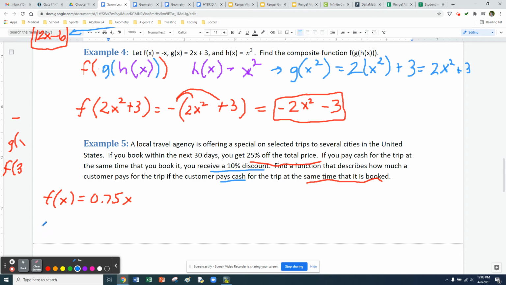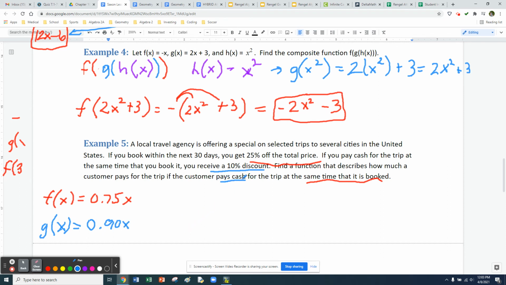Next, I have a g of x. We'll use g of x to represent if you pay in cash. If you pay in cash for your trip, you get an additional 10% discount. I should clarify, that's going to mean I have to pay 90%, or 0.90, of that original cost.